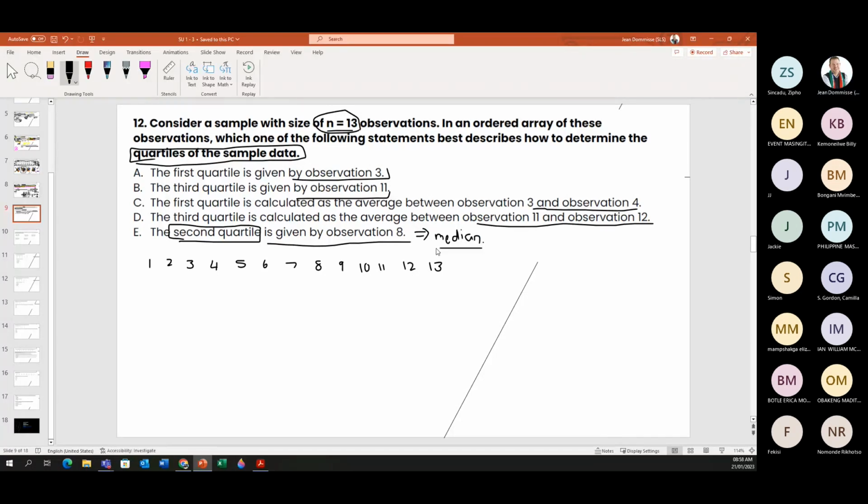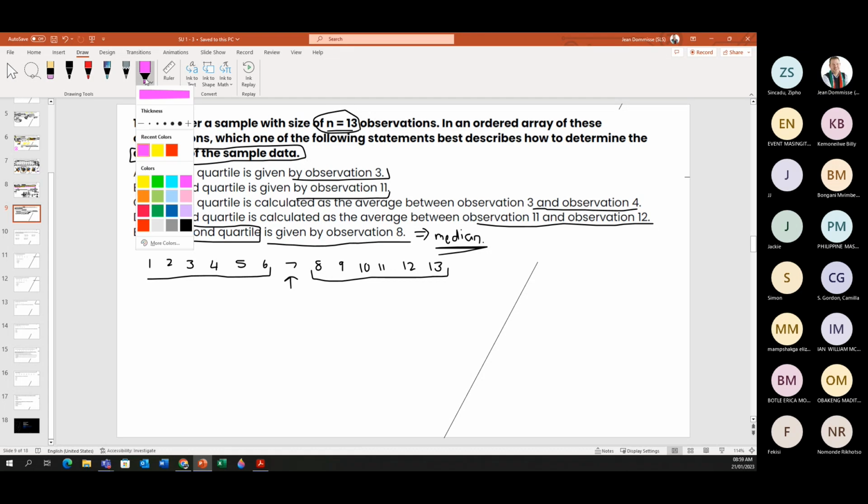Okay, so the one in the middle of 13 observations, so there's 6 on the one side, there's 6 on the other side, so your median is in the middle. It should be 7. The second quartile is given by observation 8, so we know that one is wrong.